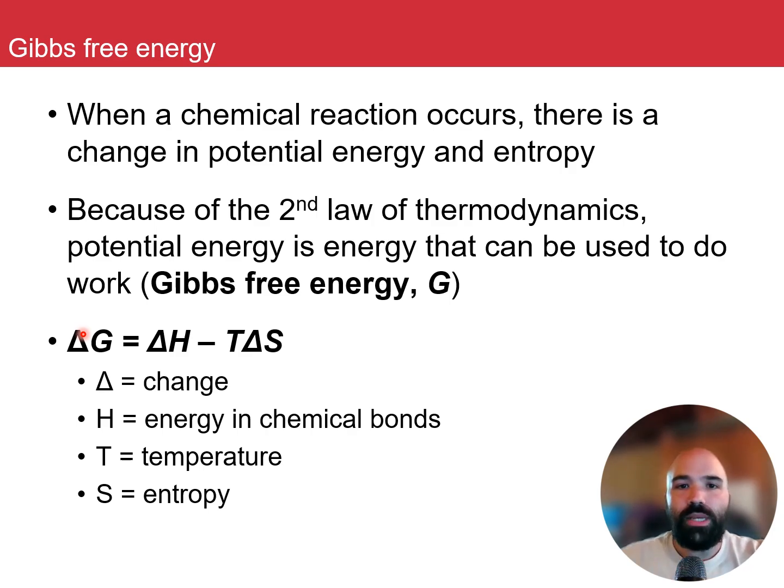If instead we break chemical bonds, then this change will be a small number or a negative number, and then this number will be really large. We'll increase the entropy. It'll become more disordered. So when we're breaking chemical bonds, this value is larger than this value, and we end up with a negative delta G, or negative change in free energy.